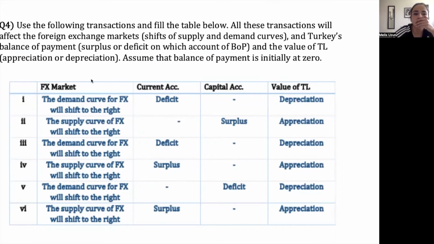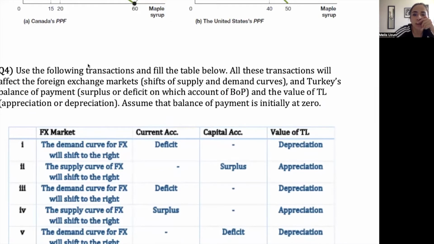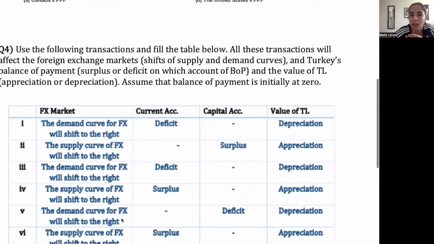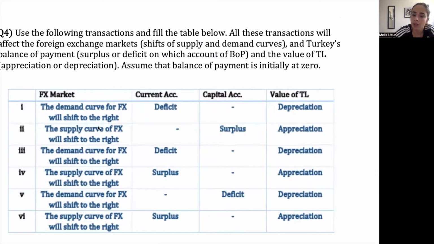Anyways, so it asks, use the following transaction and fill the table below. All these transactions will affect the foreign exchange markets and the Turkey's balance of payments and the value of TL, Turkish liras. Assume that balance of payments is initially at 0. So let's look. If Turkey buys French wine, in order to buy French wine, it needs dollars. So the demand curve for foreign exchange will shift to the right because it needs foreign exchange.